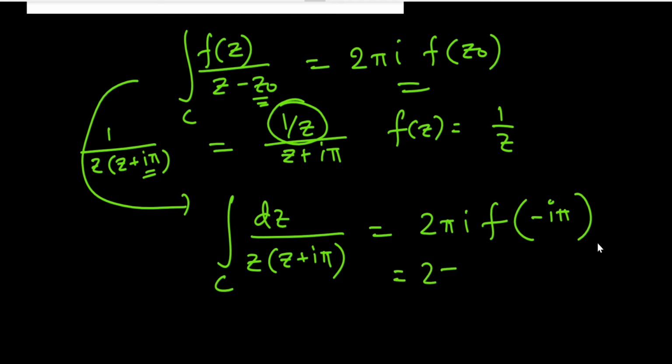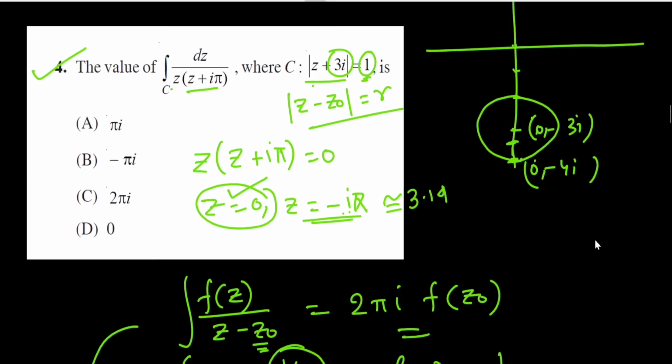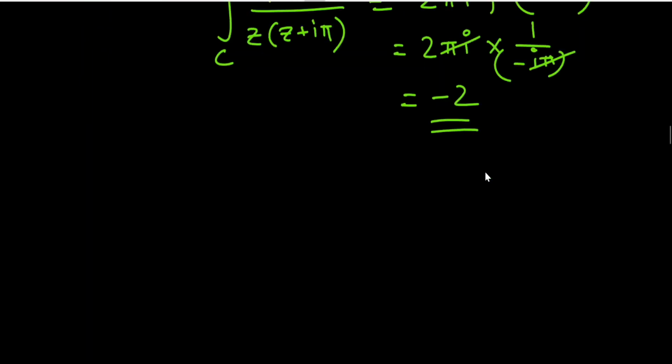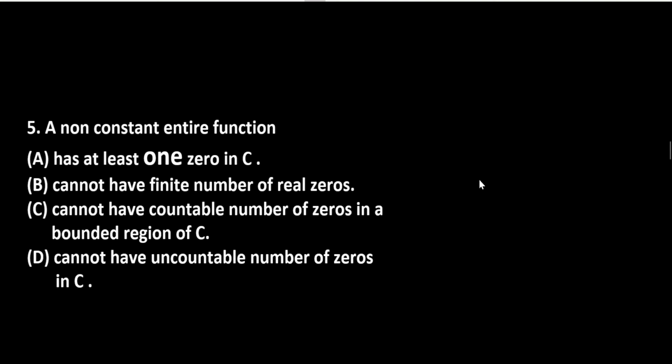So this is equal to 2 pi iota into 1 by minus iota pi. So iota pi cancels, so this gives minus 2 as the correct answer, but there is no option including this, so I think the options should be wrong in this question. So we go to the next question, question number 5.